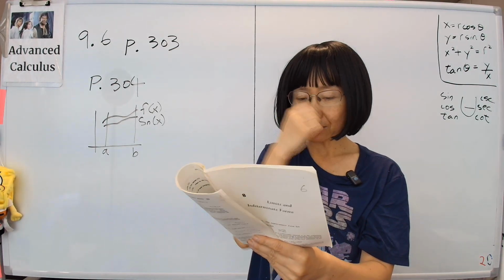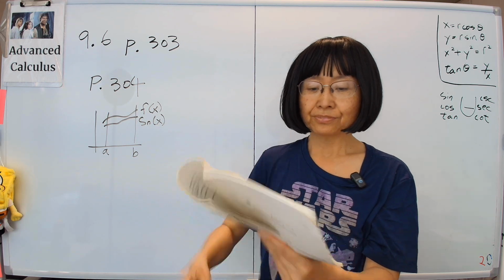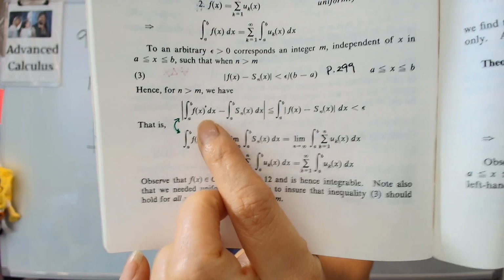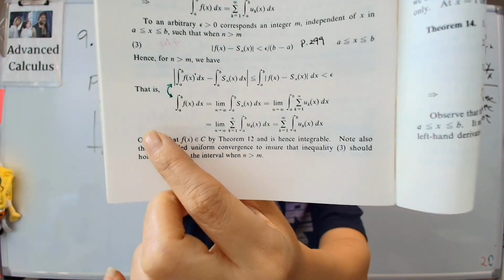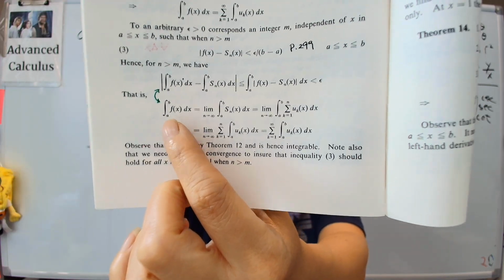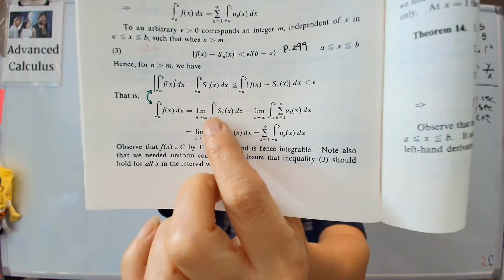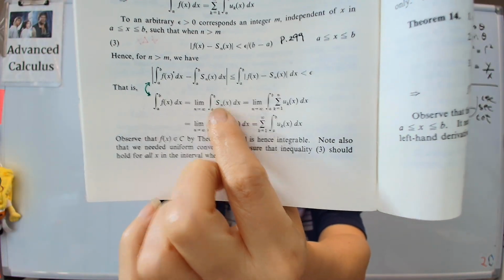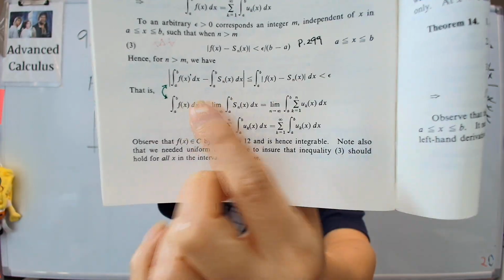Now, in other words, the difference between the integral of f and the integral of the partial sum is less than epsilon, which means that as n goes to infinity, the integral of f is equal to the limit as n goes to infinity of the integral of the partial sum, because that is the definition of this relationship. Being less than epsilon means this.